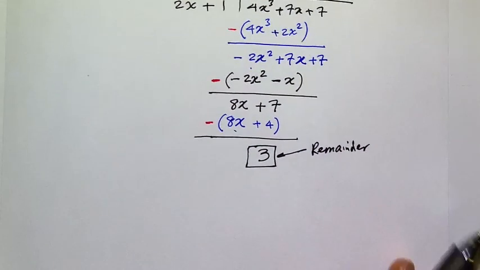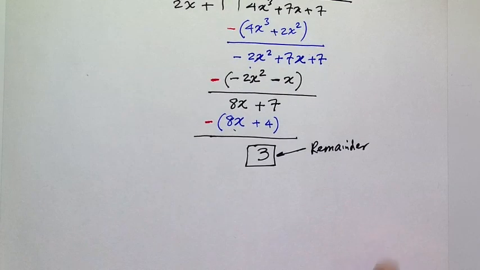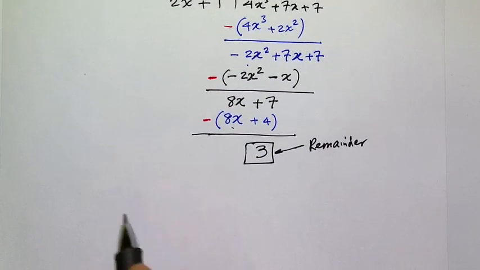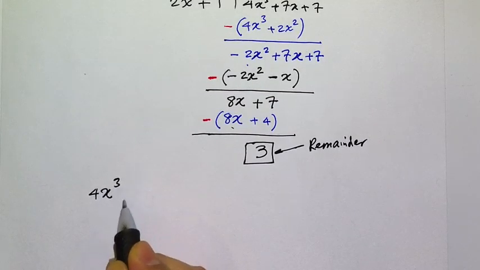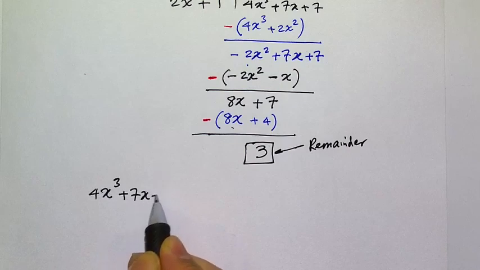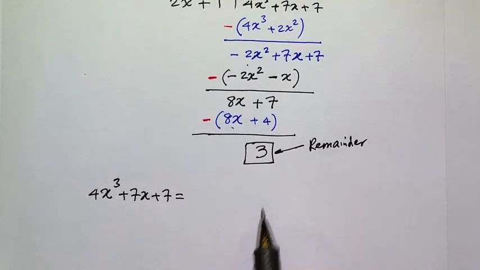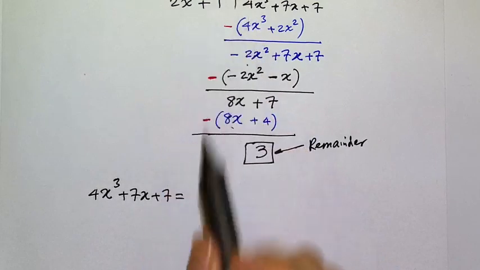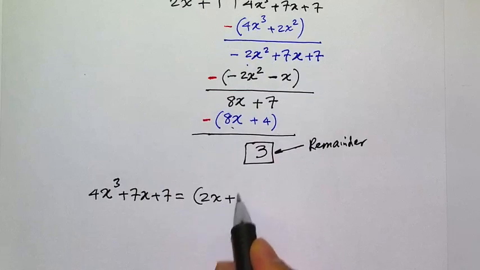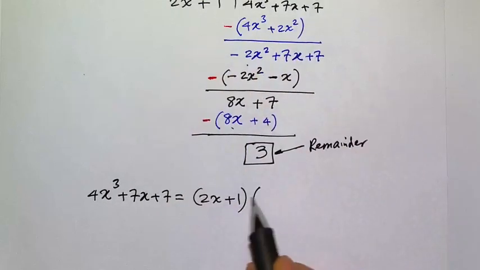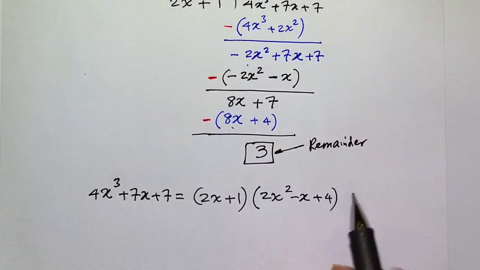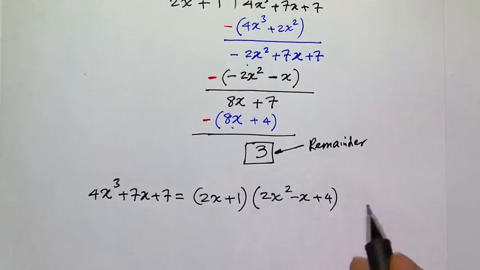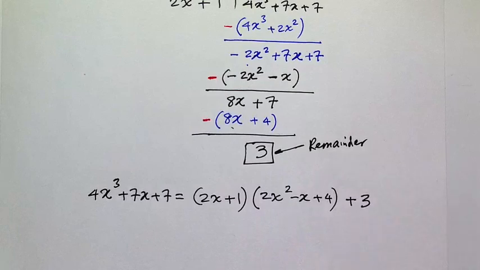In any case, once we have a remainder, we can write the result as this. We can rewrite the original polynomial, 4x cubed plus 7x plus 7, equals this divisor, 2x plus 1, times that, 2x squared minus x plus 4, plus the remainder that we have.